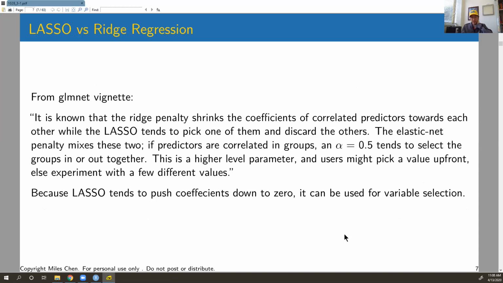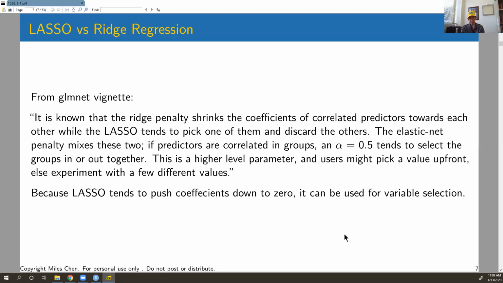Okay, and so this is just a little paragraph taken straight from the vignette on the package glmnet, right? And so again, with LASSO, what we saw is that as that lambda term increases, as we say a larger penalty is placed on the complexity, those coefficients get driven down to 0.